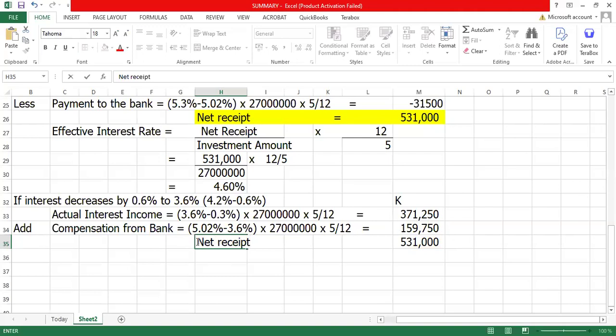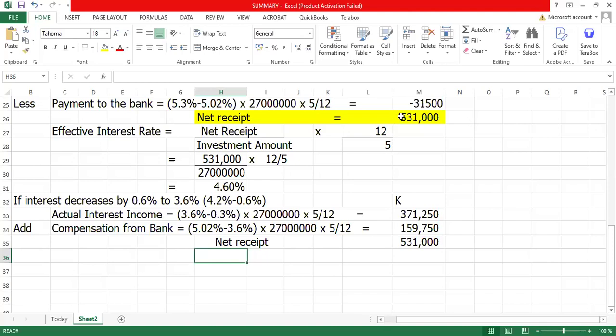Why is the answer the same? Because we are saying no one should benefit from this arrangement. You're entering into this agreement to avoid what? To avoid fluctuation in the interest rate. So what I should pay, what I expect to receive in 5 months, should be like this, without an increase or a decrease.